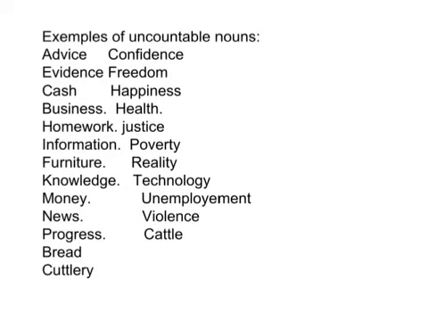Spoons, forks, knives, all of them add up to cutlery. An abstract noun like health, we can't touch it, we can't see it, we talk about it. Same with technology, unemployment, violence, confidence.